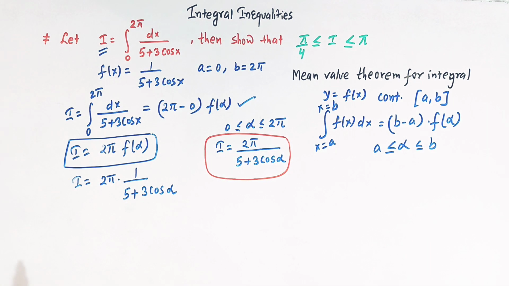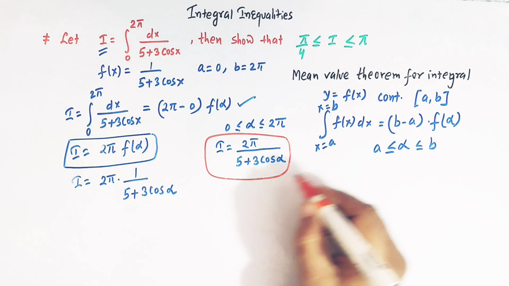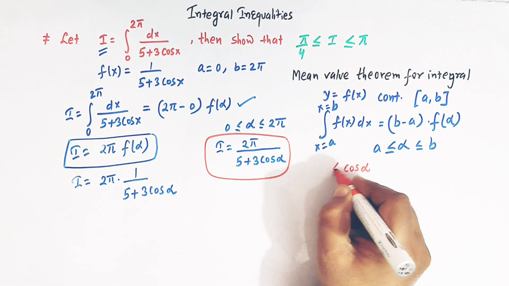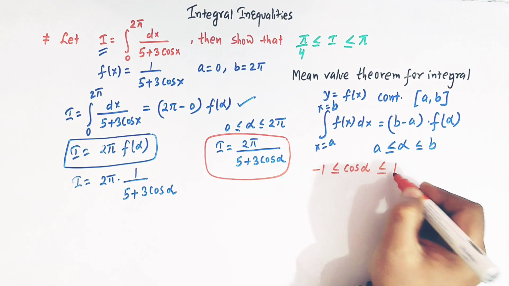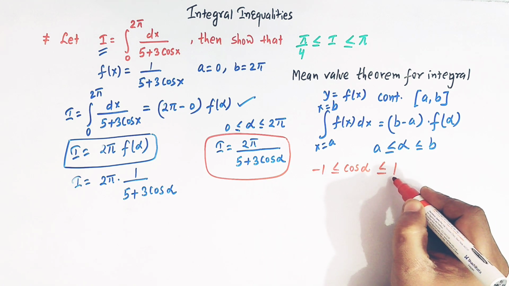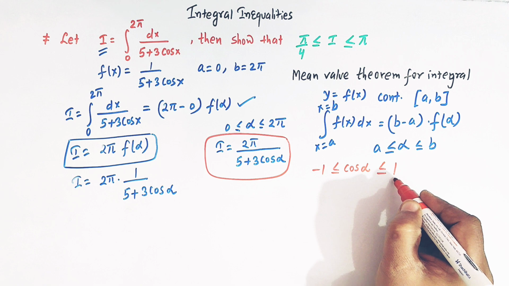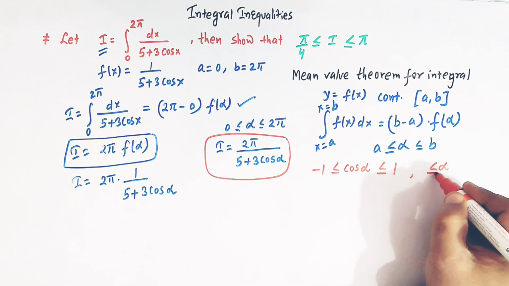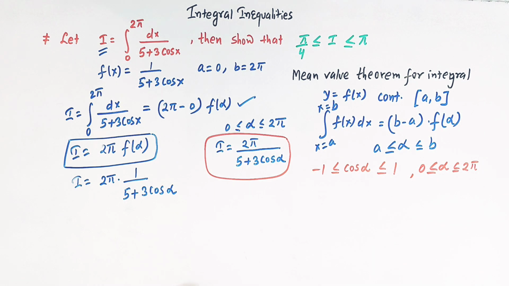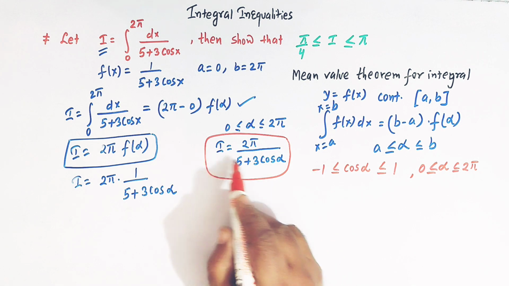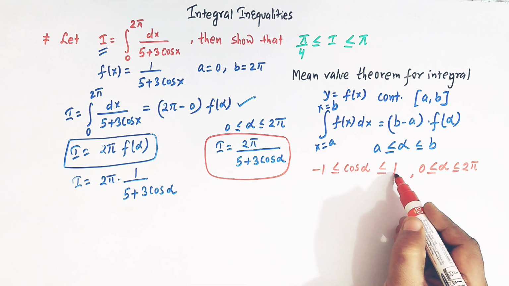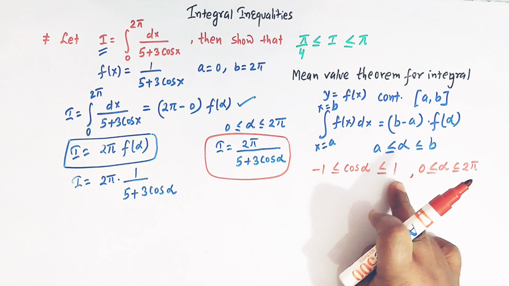Now let us make use of some trigonometry here. We know that the value of cosine of alpha lies between minus 1 and 1. That is, the minimum value of cos alpha is minus 1 and the maximum value is 1. In the denominator we have 5 plus 3 cos alpha, so let us multiply this inequality throughout by 3.